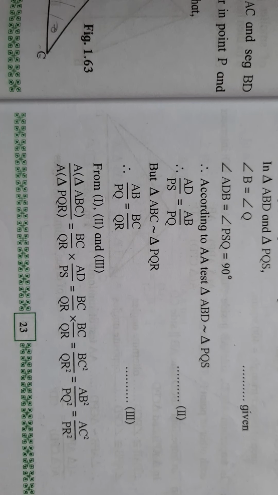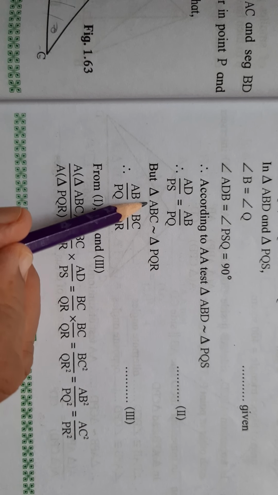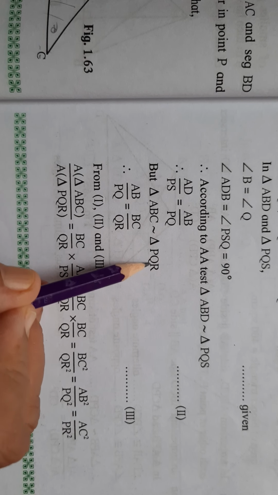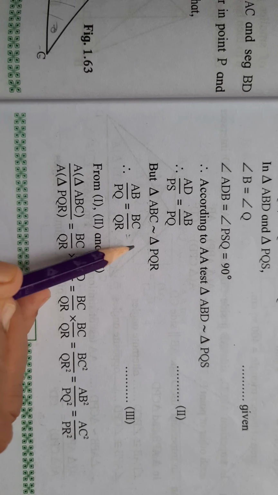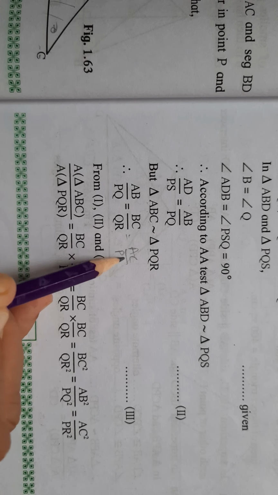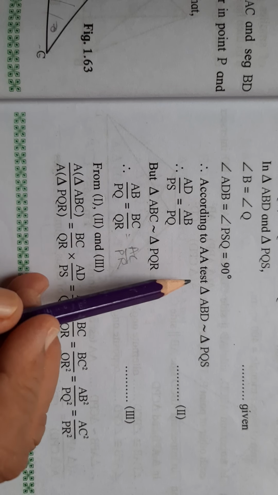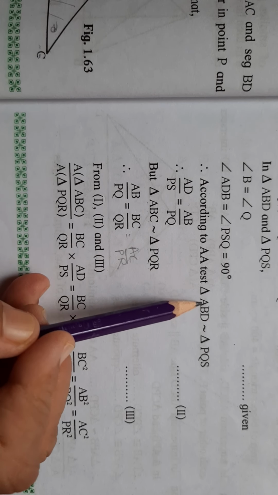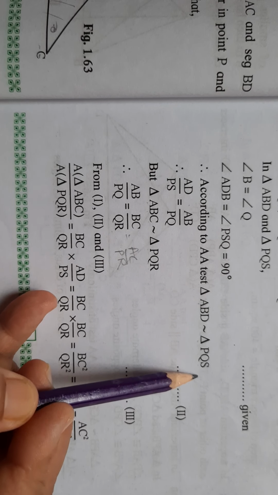So when the triangles are similar, the sides are in proportion. Therefore, AB upon PQ is equal to BC upon QR is equal to AC upon PR. Now here we proved that triangle ABD is similar to triangle PQS.